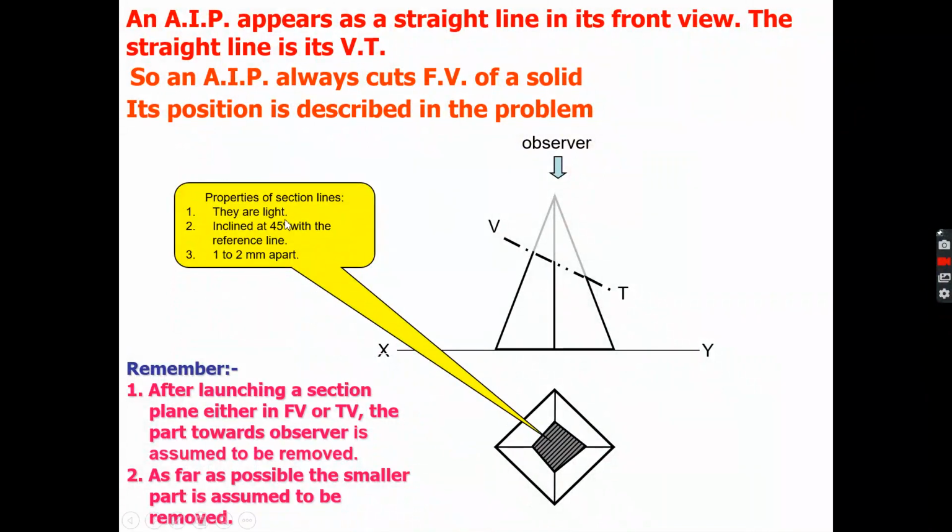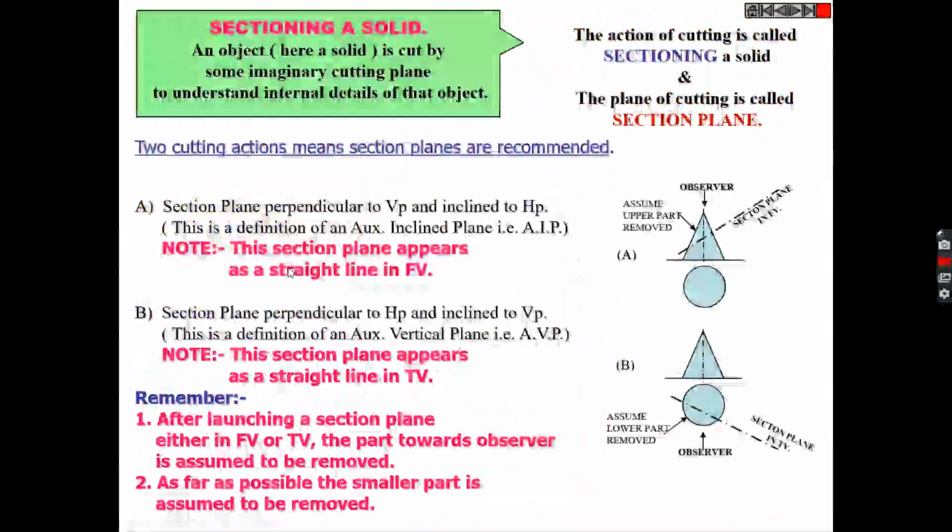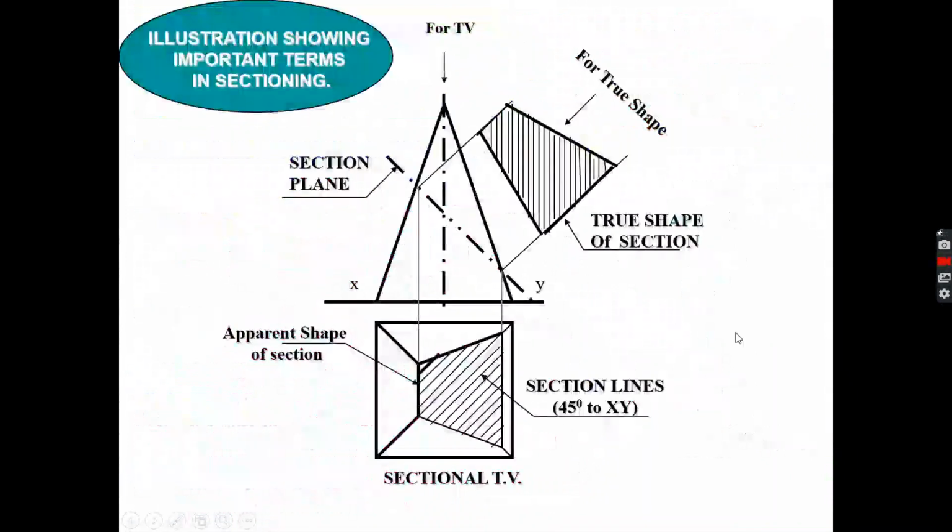here it is written, they are inclined at 45 degrees with the reference line. The XY line is your reference line. So from this line it is a 45-degree angle and 1 mm to 2 mm apart. The whole thing I have discussed is written here. Okay, and now we are going to the true shape of the section.